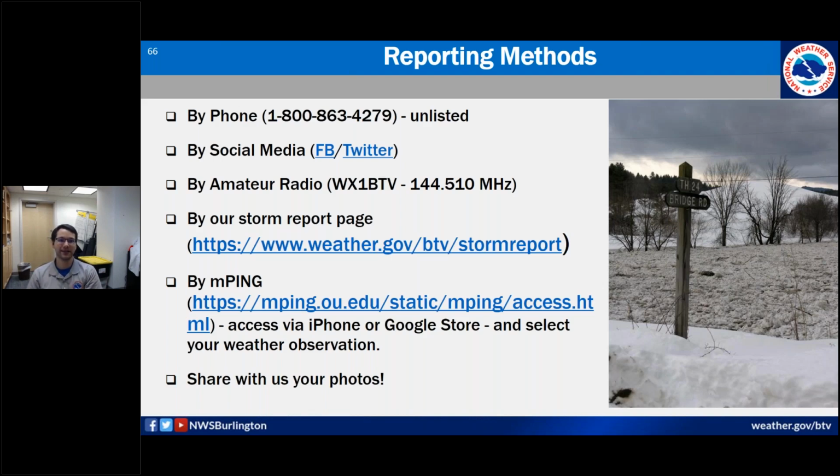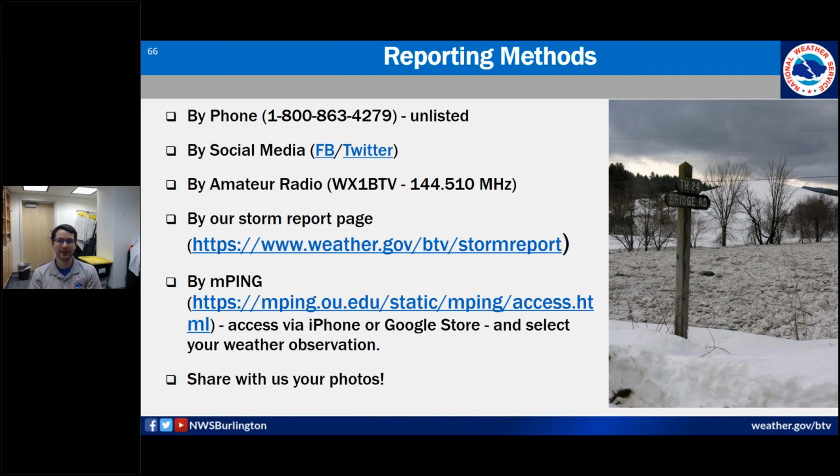And during events, we have someone regularly monitoring what conditions are like and looking out for your reports. We also have amateur radio. We have two: one is bouncing off the Moncton repeater, and another is bouncing off the Whiteface repeater. And we are listening in to those stations during events for those reports that are being relayed over amateur radio.